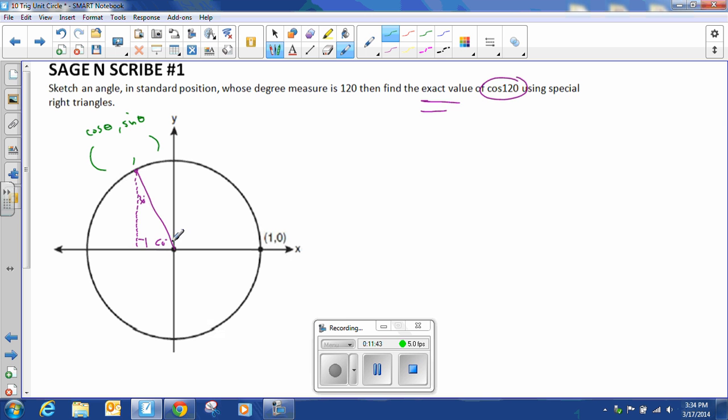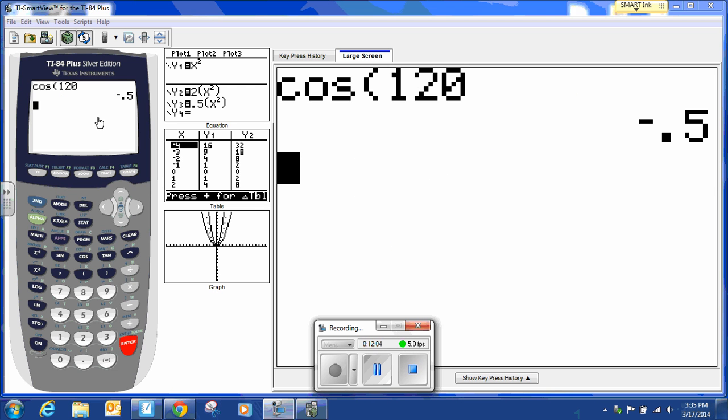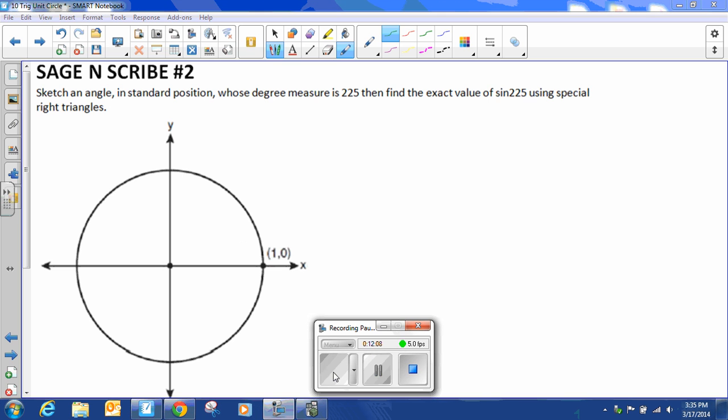So here, if you remember, the x-coordinate is 1/2. And as a matter of fact, it's -1/2 because we're in quadrant 2. And therefore, we have this as our exact value. And as you can see, you can do a calculator check. Cosine of 120 is -1/2.